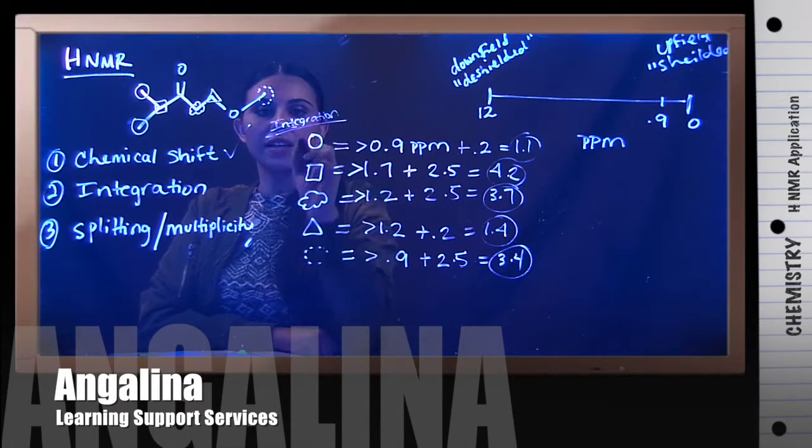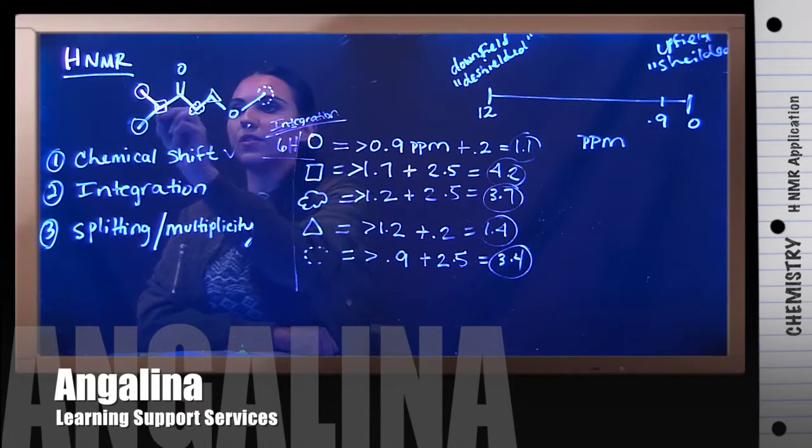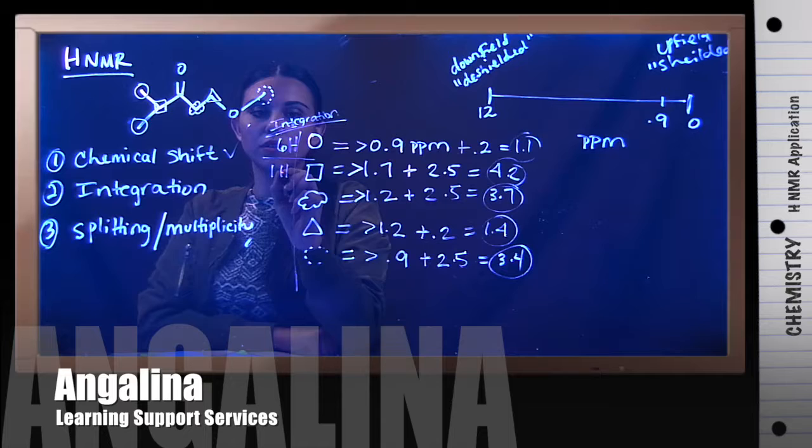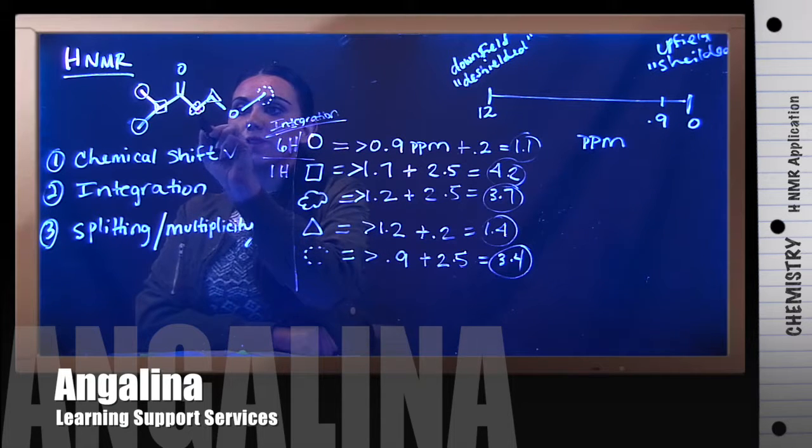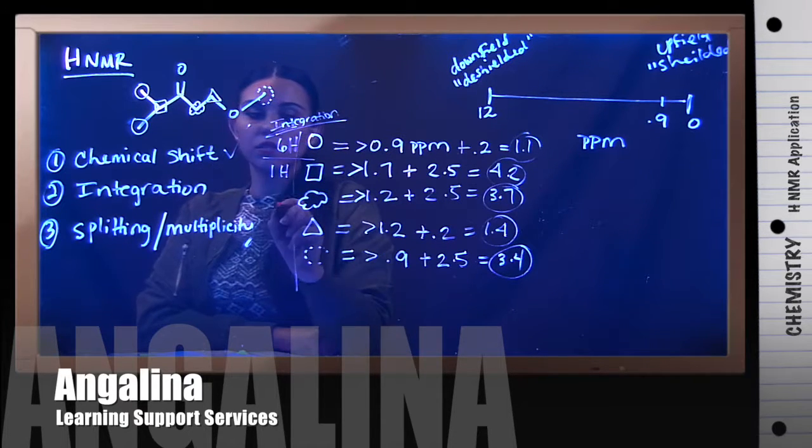And I want to put that right next to these signals. So I'm going to expect 6 hydrogens for this signal. On this signal, I'm only going to expect 1 hydrogen. So 1 hydrogen. My integration for this, 2 hydrogens.